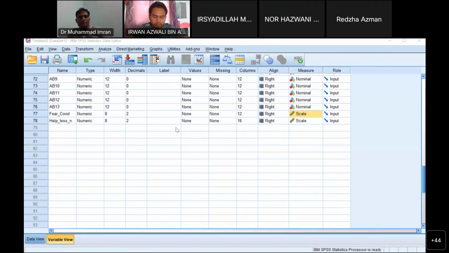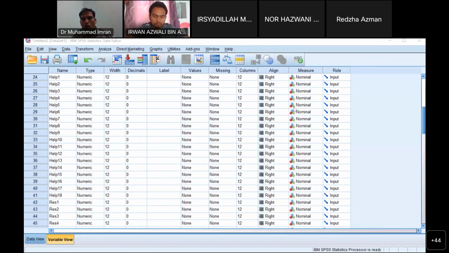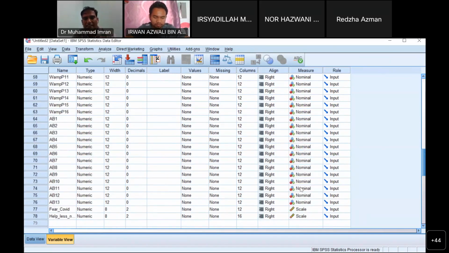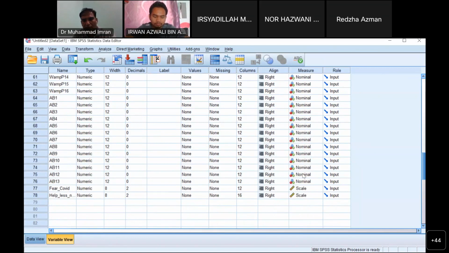Now we have to convert this one, all are scale, because we know, see, scale, because numbers. You can convert. Basically, my main concern is here, I already converted to scale.